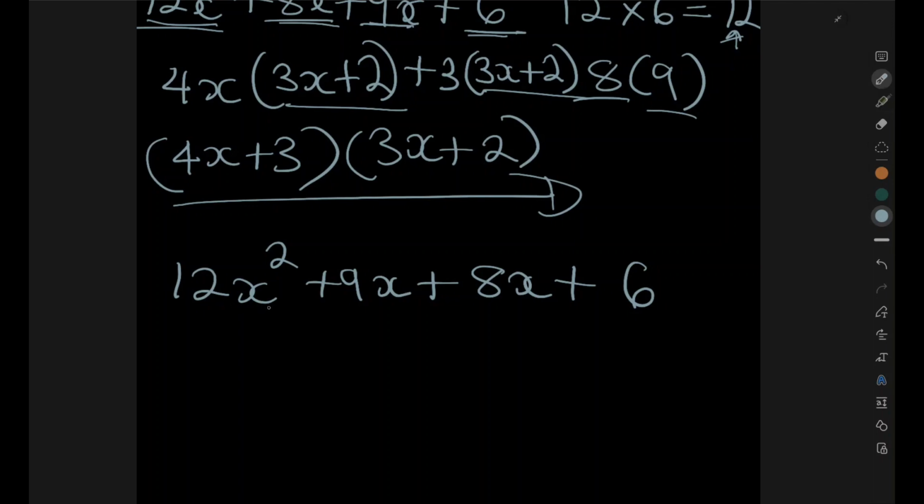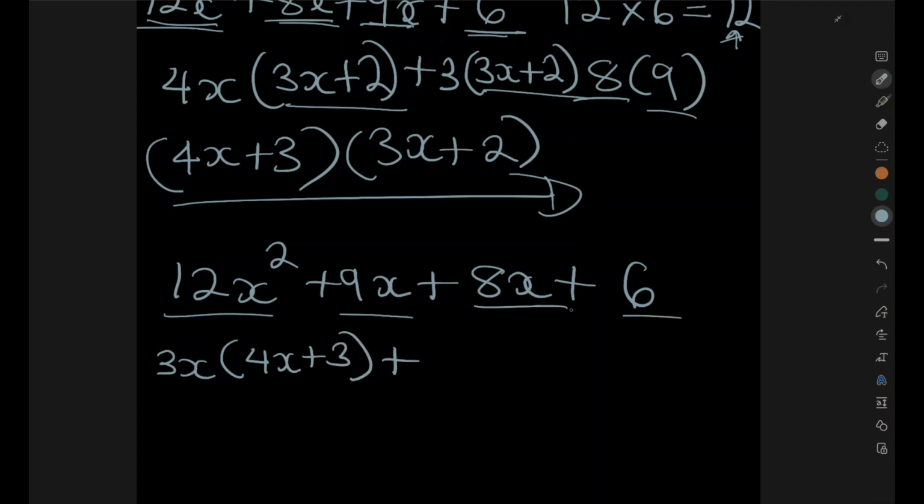Now I'm going to focus on the first 2 terms. I'm going to find a common factor, and I know that my common factor is 3x, and I have 4x plus 3 remaining. With the 8x and 6, I know that my common factor will be 2, and I will have 4x plus 3 remaining.